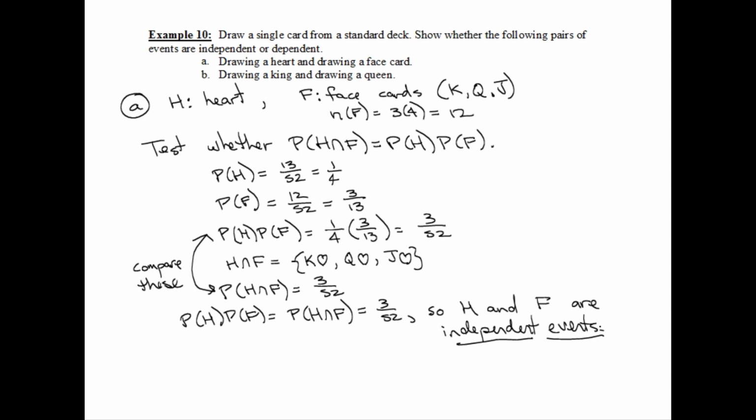Now, let's look at the probability of drawing a king and drawing a queen. Before we start, just pause a second and ask yourself, would you expect these to be independent? Make a mental note of your answer, and then let's test it and see if you were right.